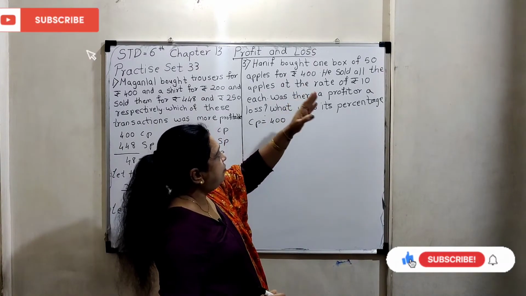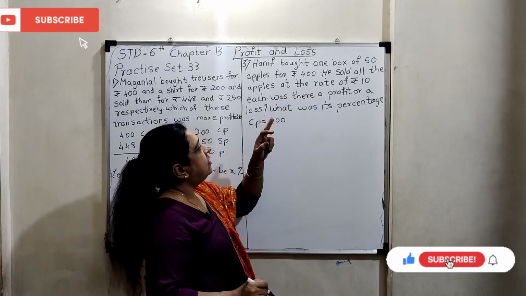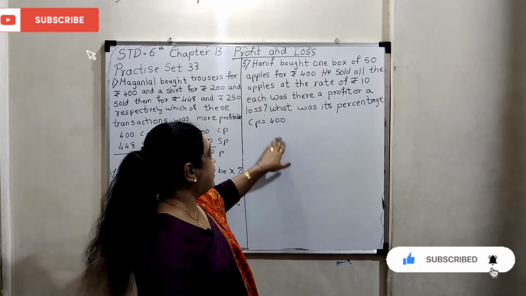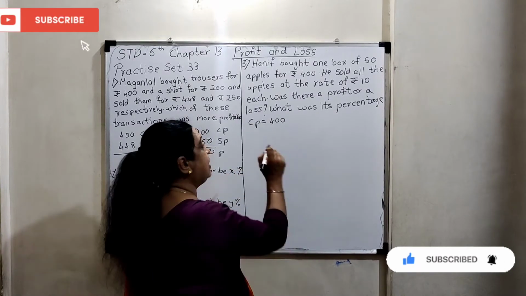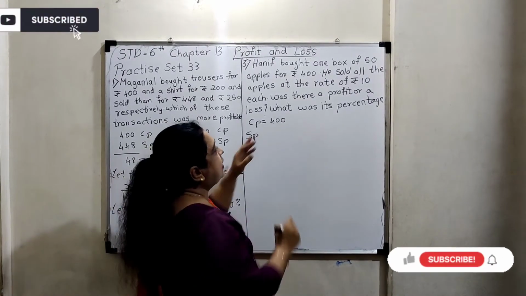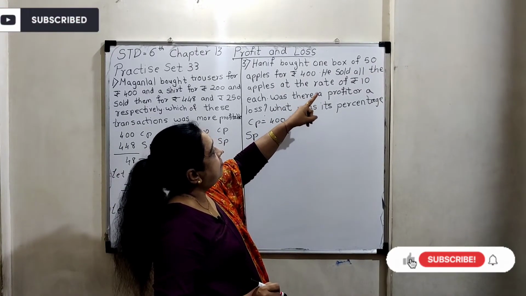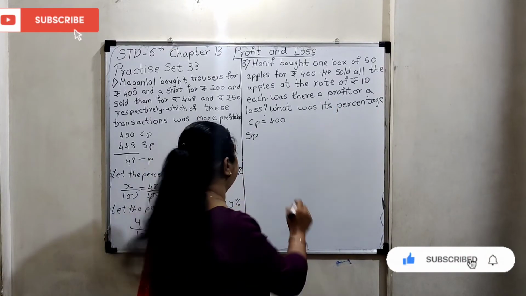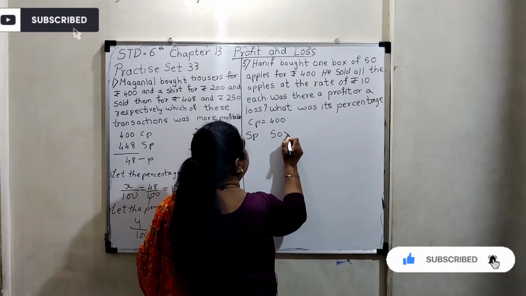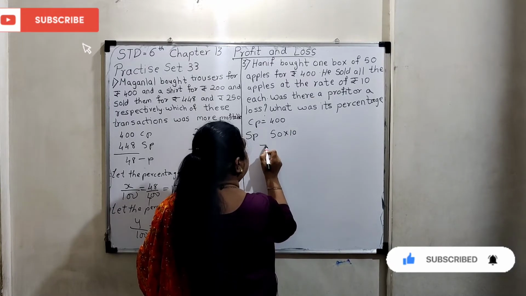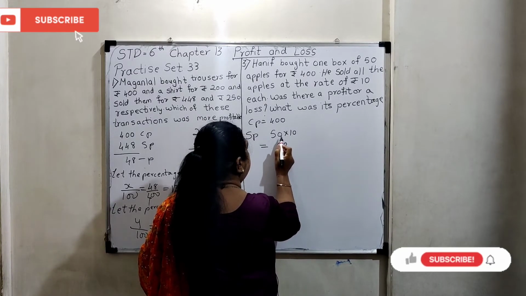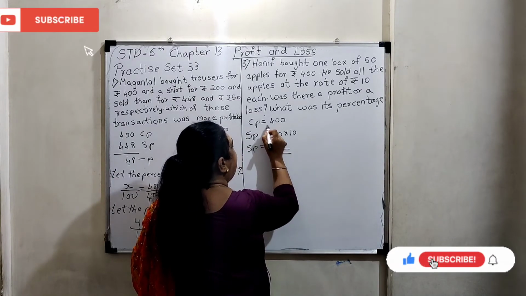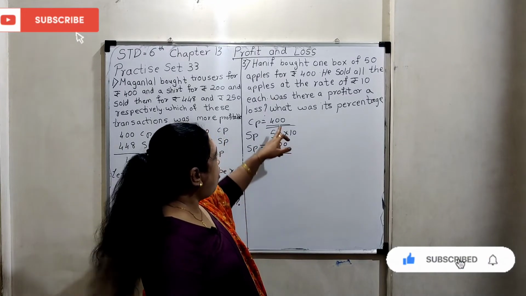He bought one box of 50 apples for rupees 400, so this is the cost price. Then what is the selling price? He sold those 50 apples at rupees 10 each. 50 into 10, how much is it? 500. So the selling price is 500 and the cost price is rupees 400.